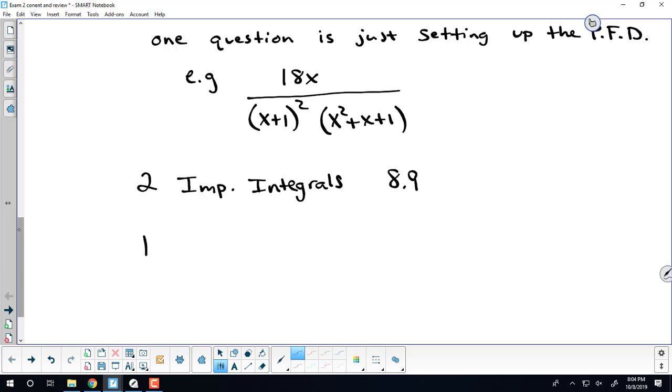There's one problem where you have to solve the initial value problem, from 9.1.